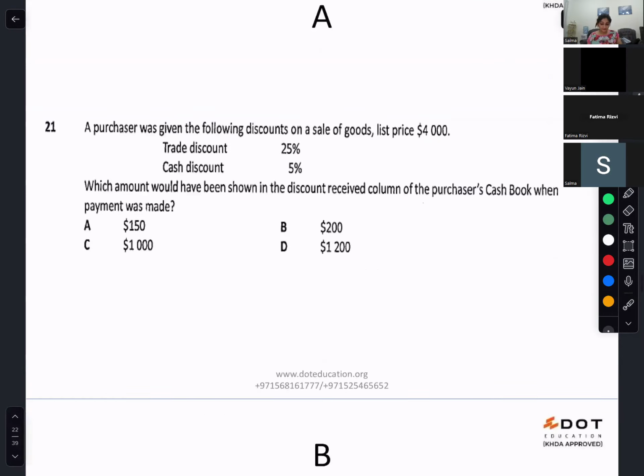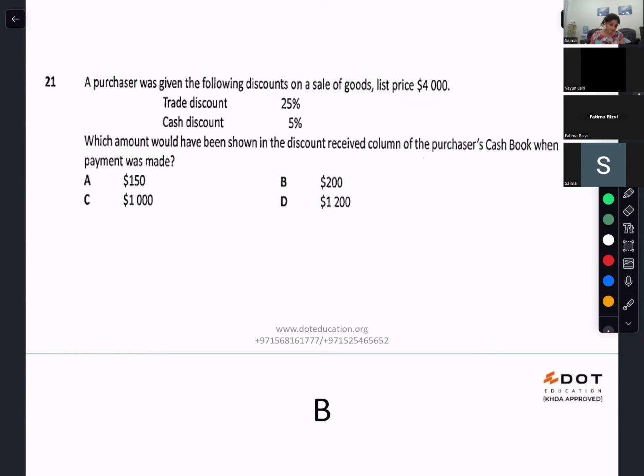Vayun, 21. A purchaser was given the following discounts on goods. List price is $4,000, and the trade discount is 25%, which is 1,000. You'll get the net list price, which is 3,000.